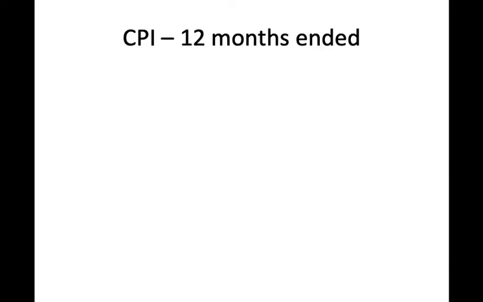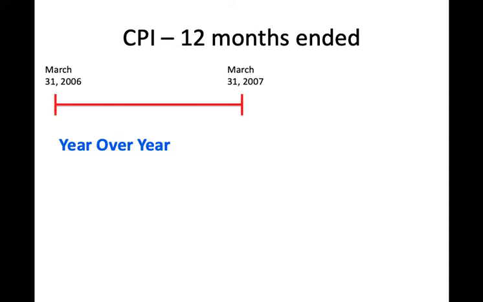CPI 12 months ended is talking about a year-over-year statistic or a month-over-month statistic. If we look at our first time period, that's the red line starting on February 1st, 2006, ending March 31st, 2007, we're going to compare that time period to the next 12-month time period, February 1st, 2007 to March 31st, 2008.